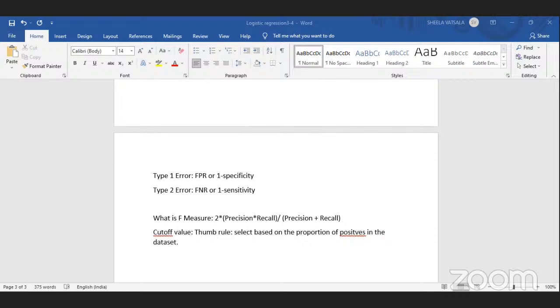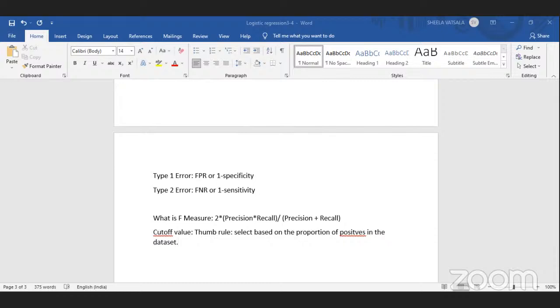Anyone? What is odds ratio? This is a very common question.